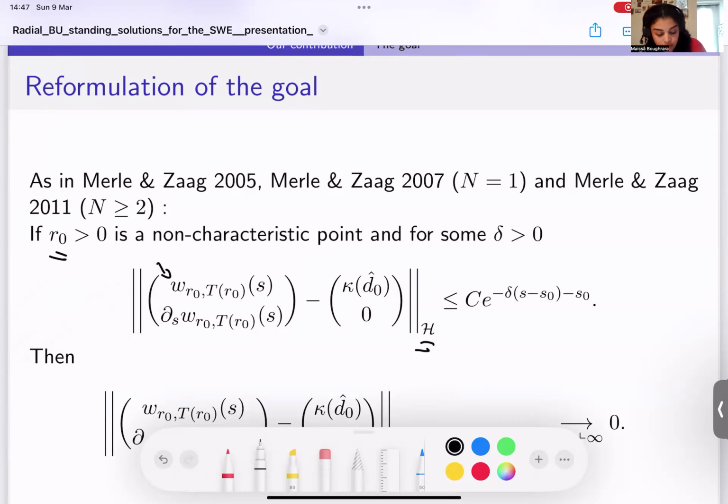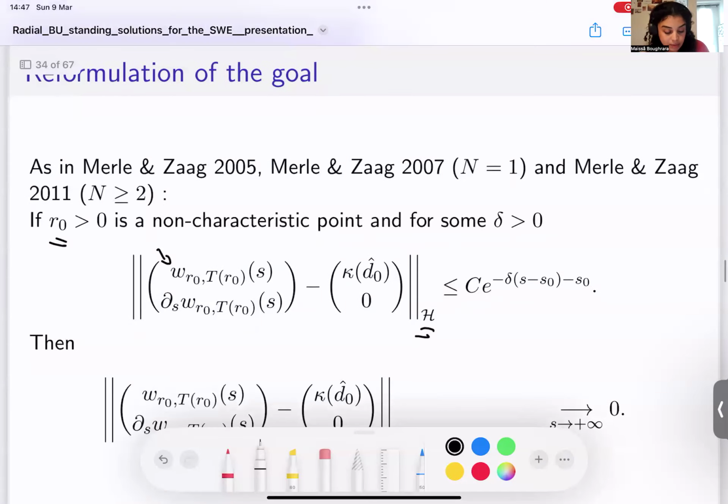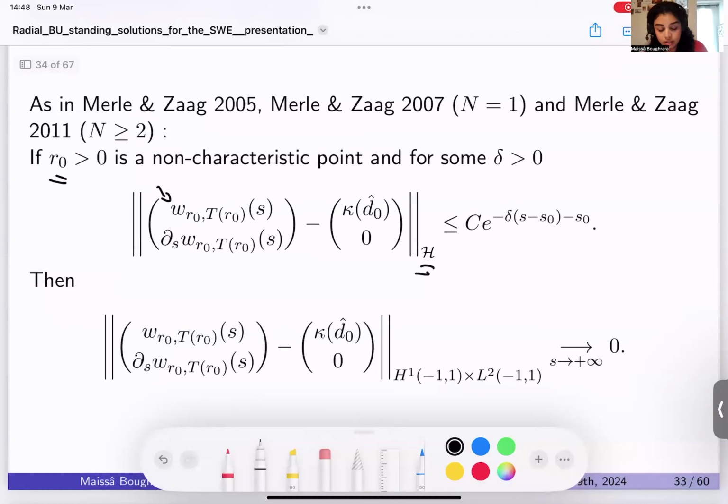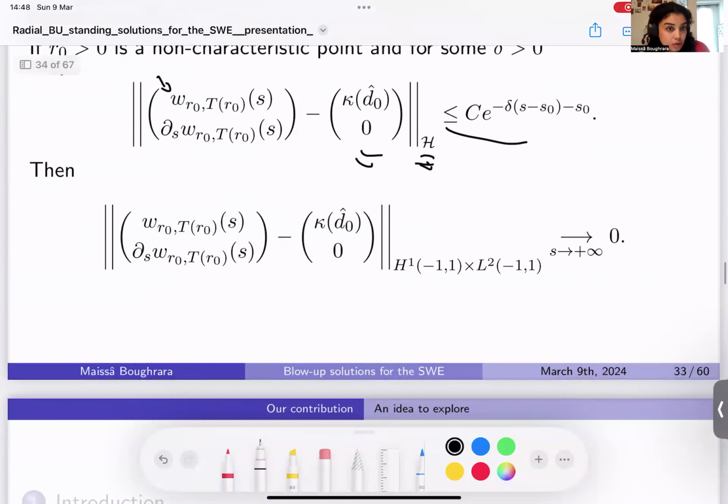And then if we have the convergence to the soliton in H space at an exponential speed, then we will have the result that we are looking for, the convergence in H1 cross L2. So we just need to construct a solution that will converge to the profile in H space with an exponential speed, and r0 is going to be a non-characteristic point. Okay, so this is the new goal.